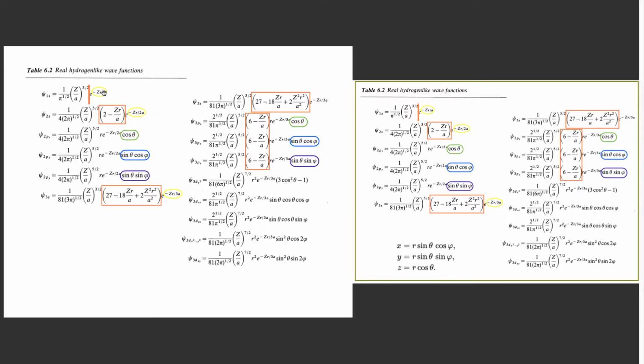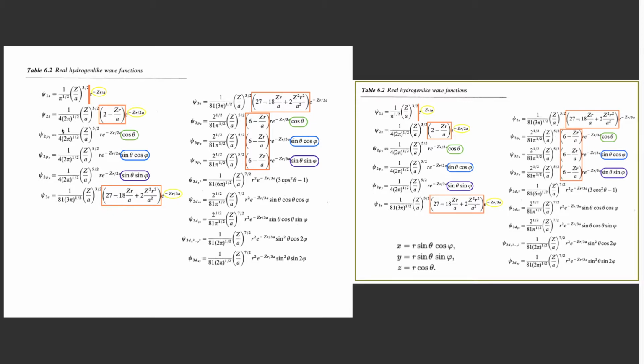So this 1 versus 2 versus 3 in the denominator explains why, as the principal quantum number, which is the first number here, n equals 1, n equals 2, n equals 3, increases, the exponential decays more slowly, which means the orbital extends further from the nucleus, right?